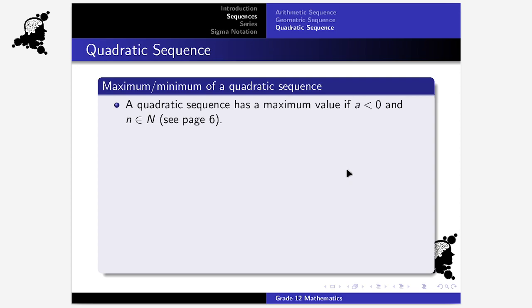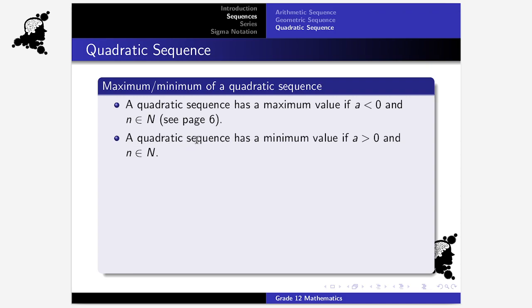Once again, if you go back to what we said on page 6 about the value of n, it cannot be 0, cannot be a decimal, cannot be negative. So if the value of a is negative, we assume there's going to be a maximum. But the maximum only exists if n is an element of natural numbers. Please take note of this.